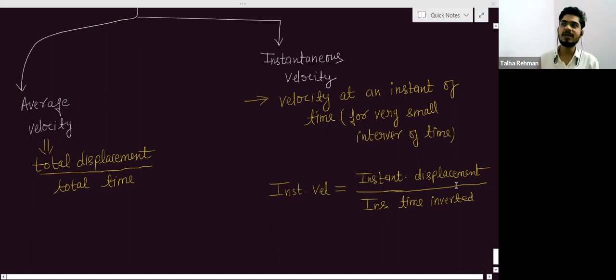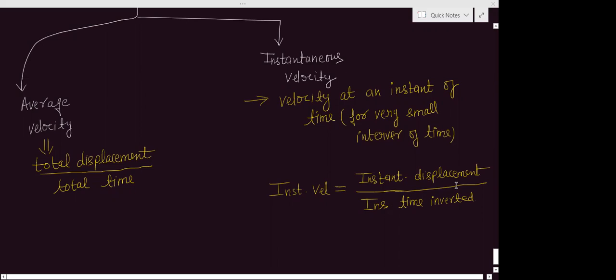A microsecond is 10 to the power minus 6 seconds. That time is very less. No matter with what speed or velocity you are moving, your displacement will be very small.